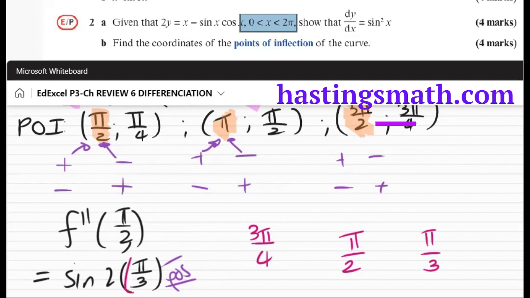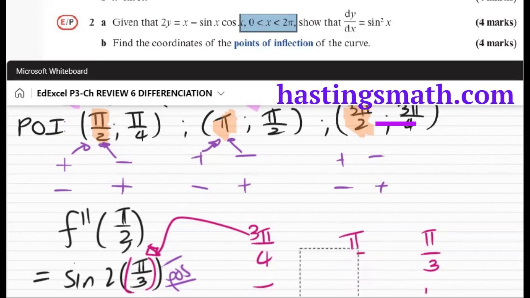You put 3 pi over 4 in your calculator. I had my calculator in degree mode, so that didn't work. But if you put it into radian mode, you should get -1, which is negative. So the second derivative is negative here, positive here. Therefore, it's a point of inflection. Okay, the sign has to change or it's not a point of inflection.